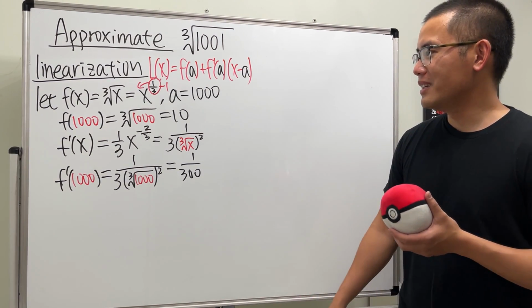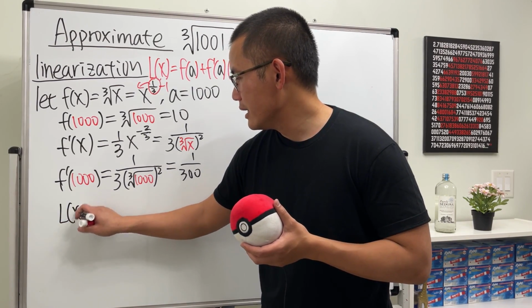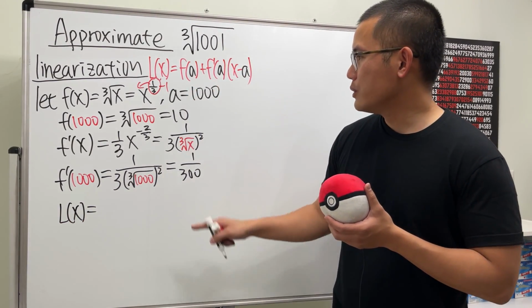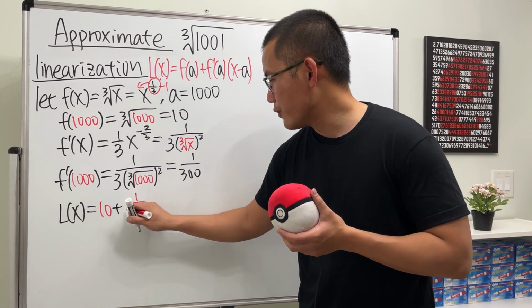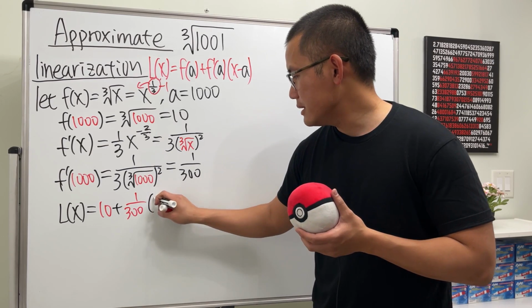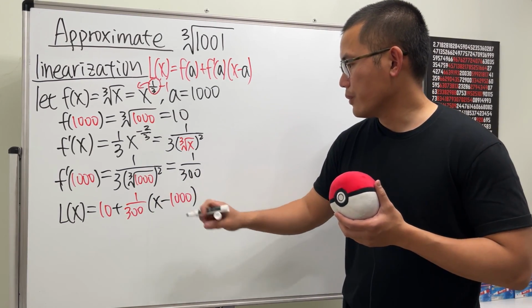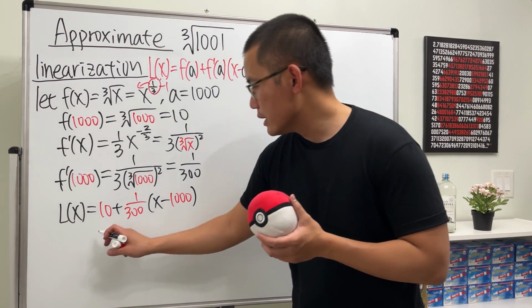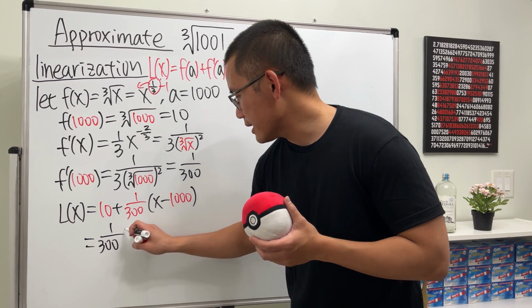And now we have all the ingredients. This means our linearization is f of a, which is 10, plus the slope, which is 1/300, times x minus a, which is 1000. Cool. Then cleaning this up a little bit, we get 1/300 times x.